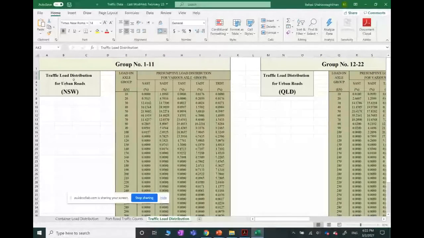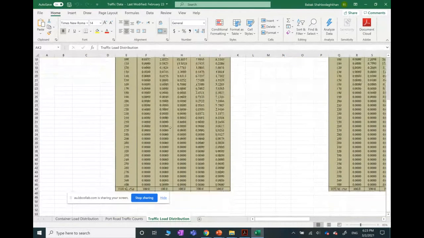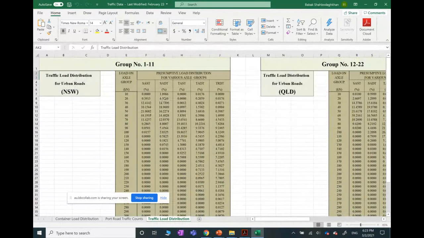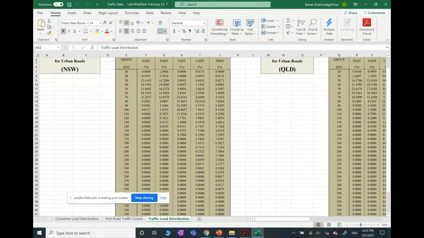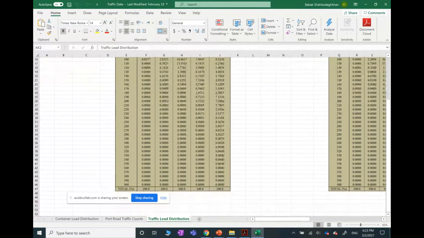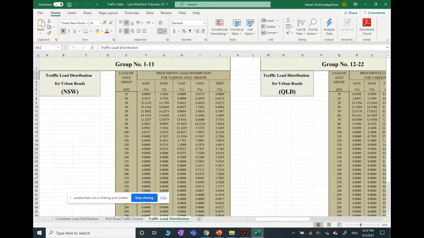For example, this is the traffic load distribution for urban roads in New South Wales, and it will give you the information, the percentage of each axle passing through the road. For example, here, if you can see, it means that 12% of single axle dual tire passing through the road are carrying the weight of 70 kilonewton.